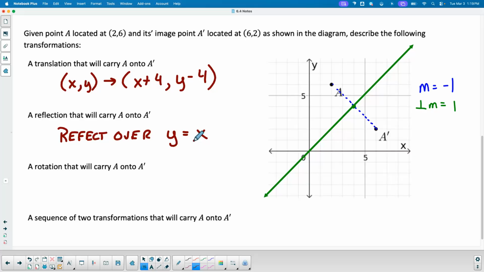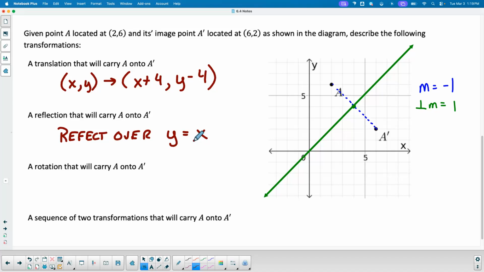Is there a rotation that we could do? Yeah. Okay. What do we need for the rotation? We need three things for a rotation.